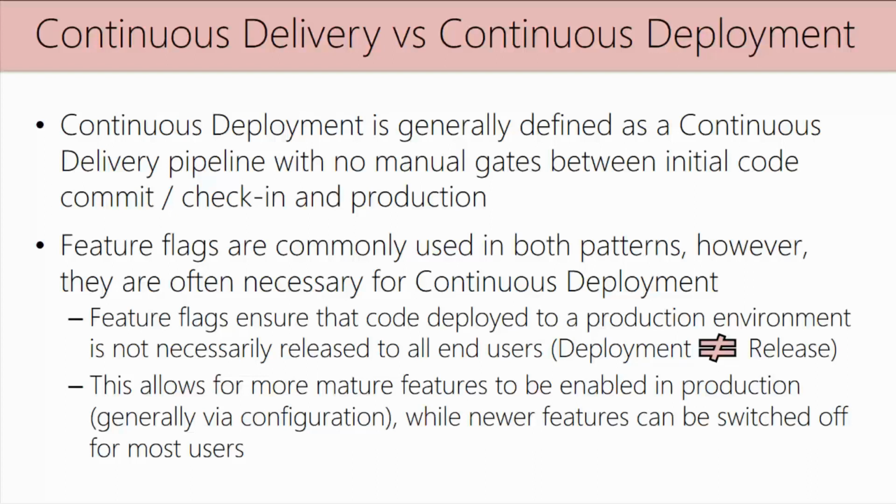This also allows for more mature features to be enabled in production, typically through configuration, while newer features can be switched off for most users. So we need to understand the difference between continuous delivery and continuous deployment. There's a fine line between the two.